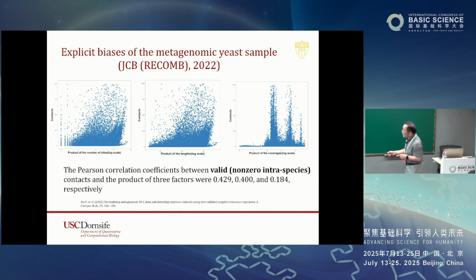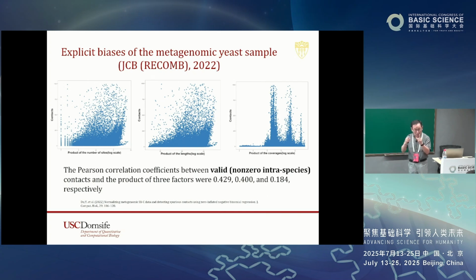Okay, so now this y-axis is the number of Hi-C links between a pair of contigs. Each node indicates a pair of contigs, and the y is the number of Hi-C links between them. The x-axis depends on the figure: this figure indicates the product of the number of restriction sites for these two contigs.